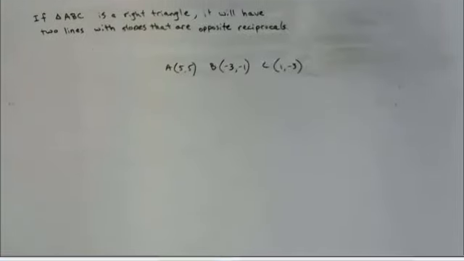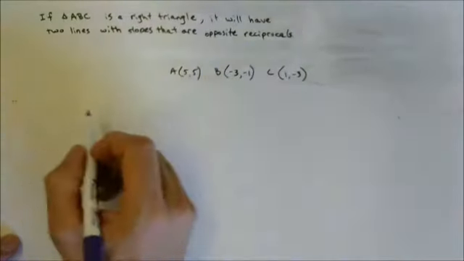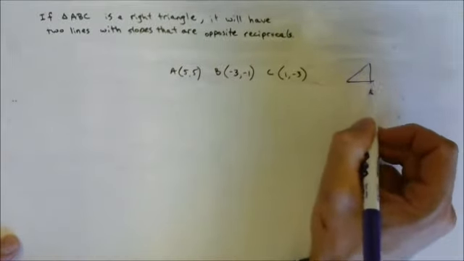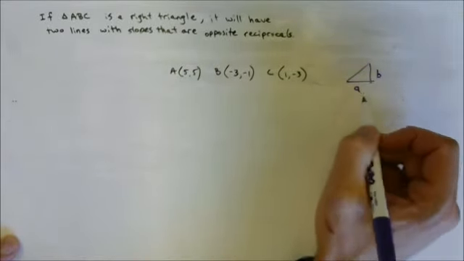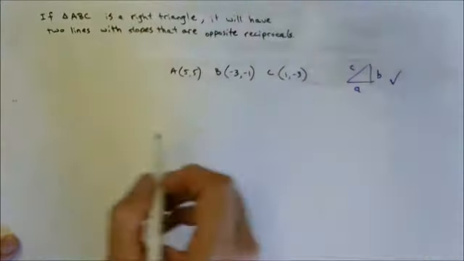If there's a right angle, it's a right triangle. I'll also quickly show how you could do it using the Pythagorean theorem. Like we described earlier, if we can find our legs and say a squared plus b squared equals c squared and it checks out, then we know it's a right triangle.